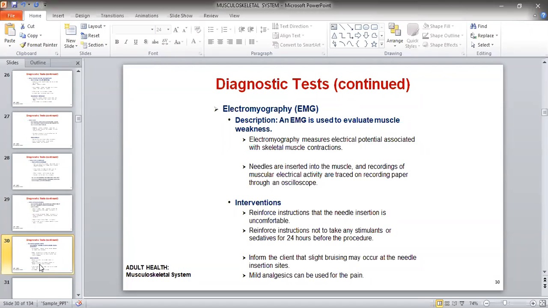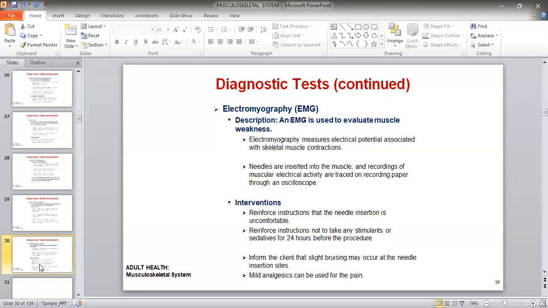What should you reinforce to your patient, or what is the intervention? Instruct that needle insertion is uncomfortable. Also instruct not to take any stimulant or sedative for 24 hours before the procedure, right?